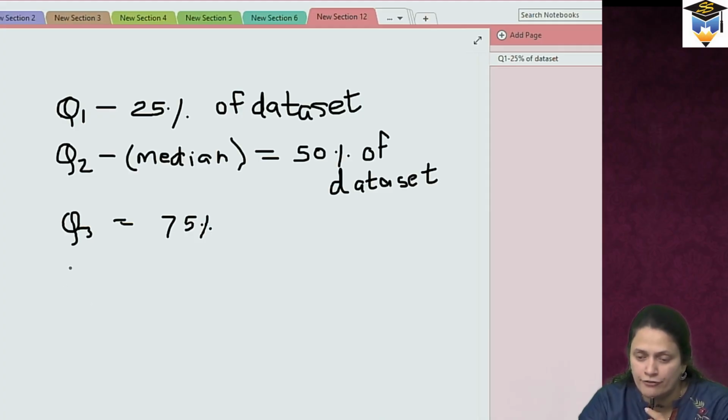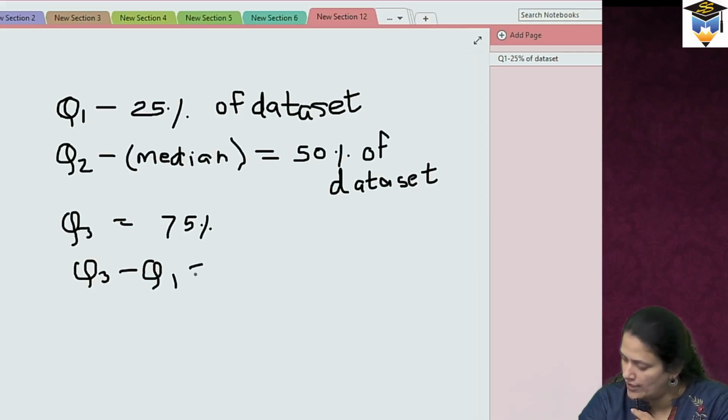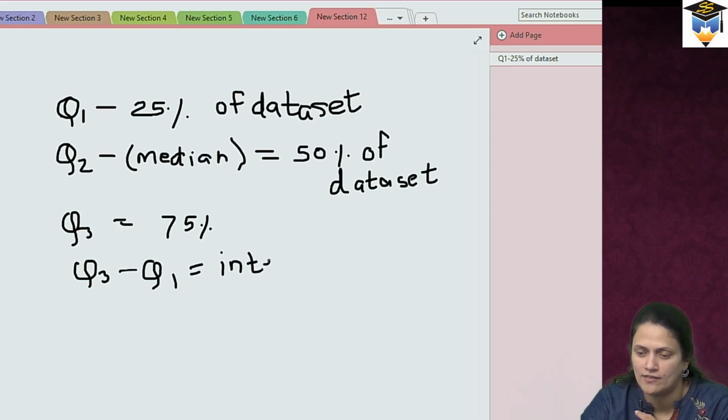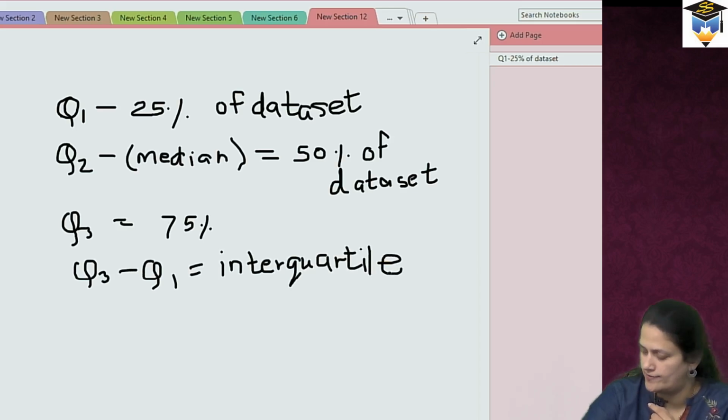And the difference between Q3 and Q1 is called the interquartile range.